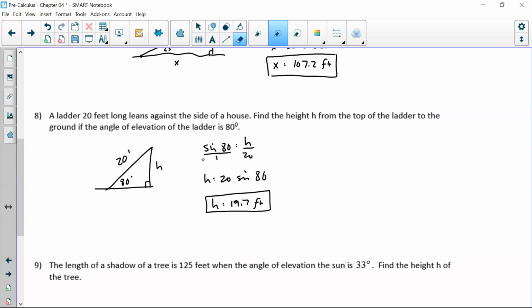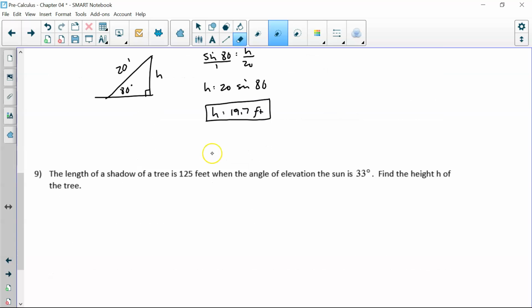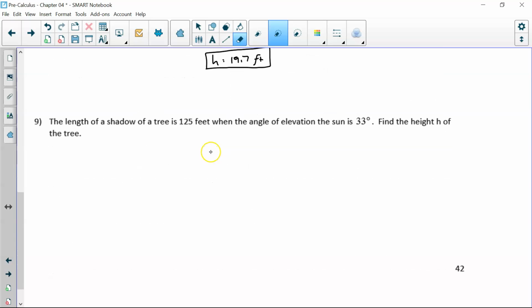All right, last one. The length of a shadow of a tree is 125 feet. The angle of elevation is 33 degrees, here to the top of the tree. Now the shadow, this horizontal distance, is 125. We need to find the height of the tree. We can call it x.